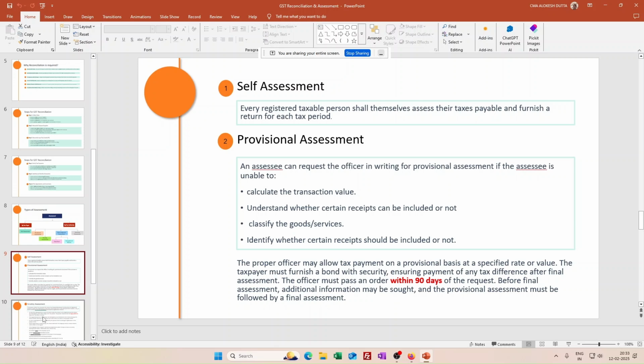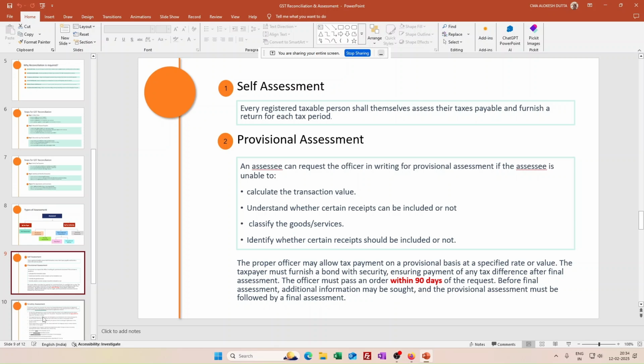Sometimes there is a provision in the GST Act. The assessee can request for provisional assessment in writing to the assessing officer. Why will he do it? Because he is unable to calculate the transaction value.